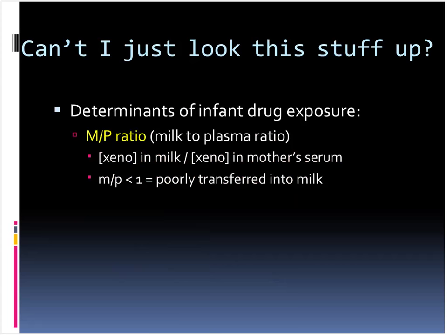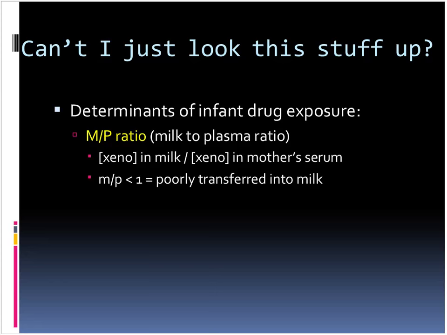The first is something called the M to P ratio, which is the milk to plasma ratio. Essentially, you take a mother, get a sample of her breast milk, and you evaluate it for the xenobiotic. You get a sample of her blood, you evaluate that for the concentrations. You divide the milk concentration by the mother's serum concentration. And what this really is telling us is, if the M to P ratio is about 1, then diffusion is perfect.